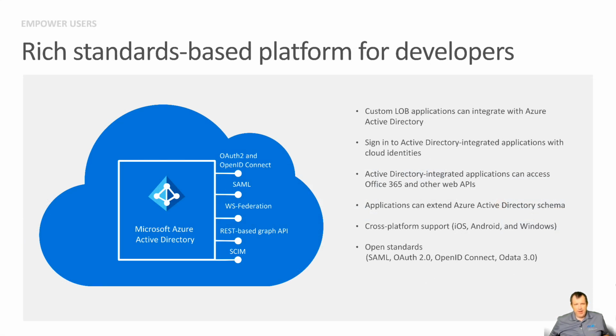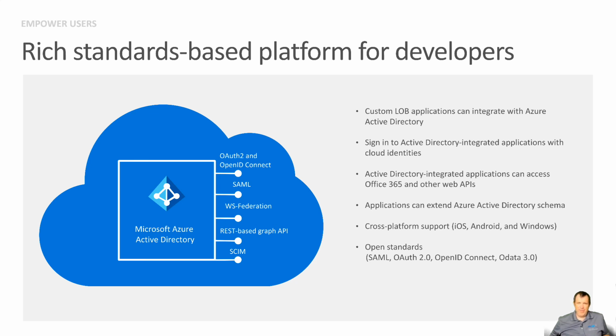We also have this rich standards-based platform for development. This is kind of one of the other key components of Azure Active Directory. So custom line of business applications can integrate with AAD. You can sign into those integrated applications with your cloud identity. You can access Office 365 and other web APIs for auth.